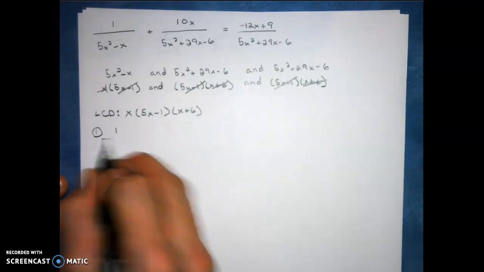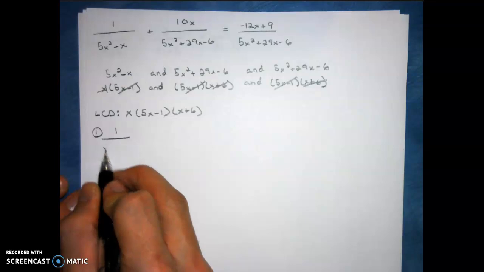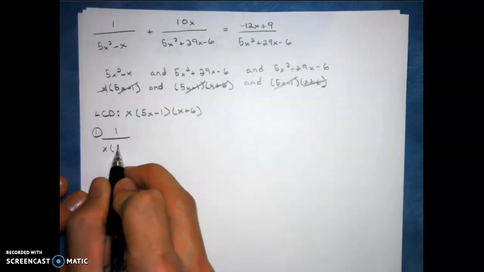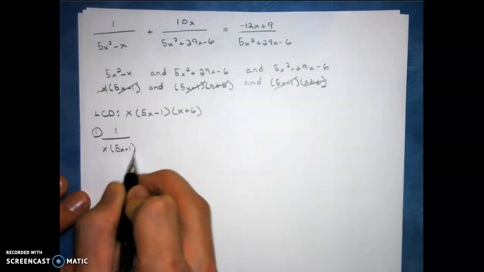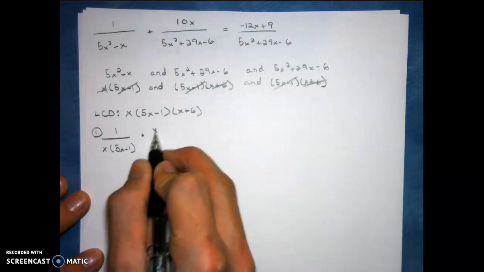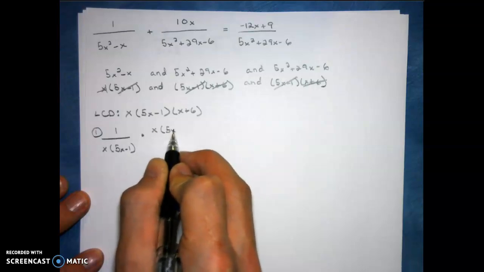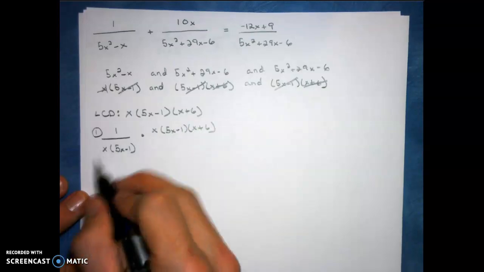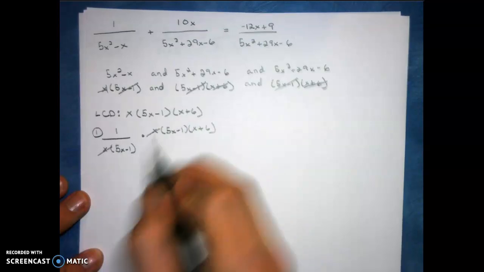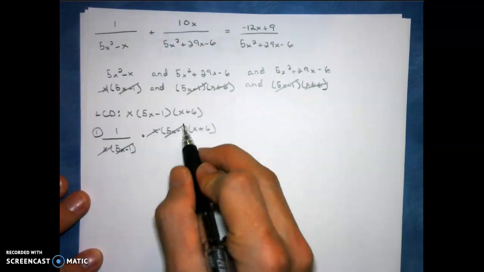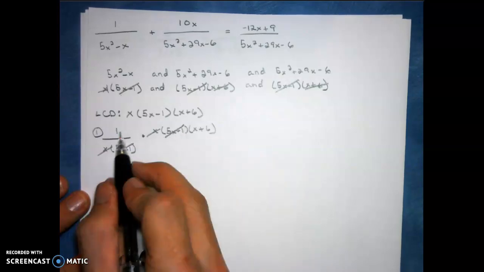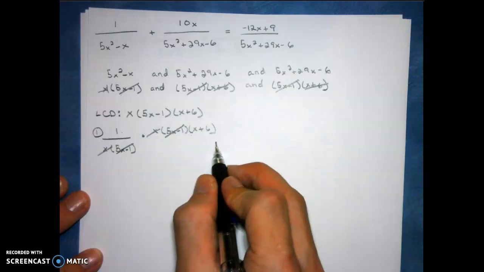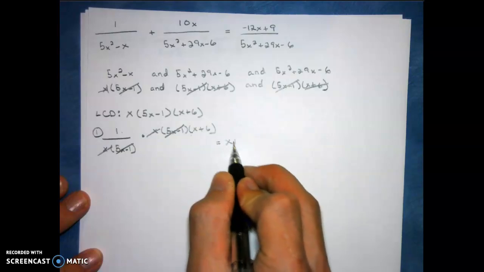So we'll start with the first one. We're going to keep this in factored form. Makes it a little easier to cancel. So then we multiply by our LCD. These cancel here, cancel here, cancel, cancel. So we're left with this 1 and x plus 6. So we just have x plus 6 with 1.